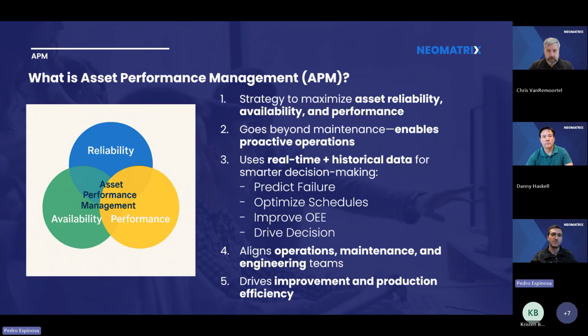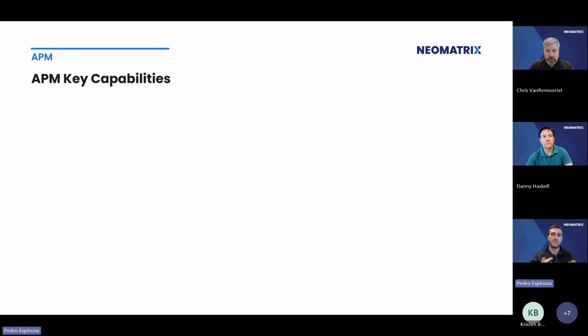It brings these traditionally siloed areas together into one unified view of performance. That enables both the frontline operators and your senior engineers to work from the same set of facts in real time.